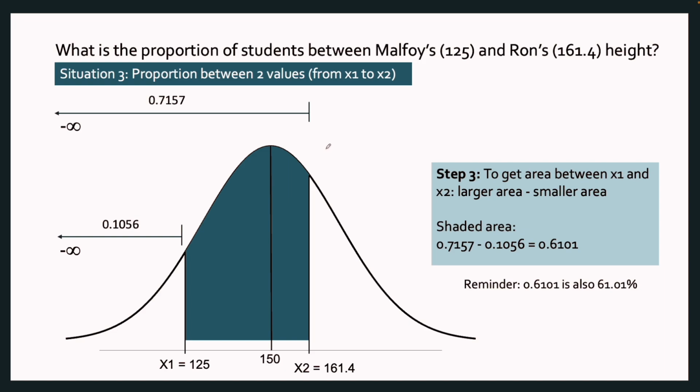So since you know that the z table always shows you the value from the point of interest all the way to the left, to get this area, meaning to say this area minus this area, isn't it? So let's say we call this area A, we call this area B. Then this area is equal to A minus B. Then you get this area.